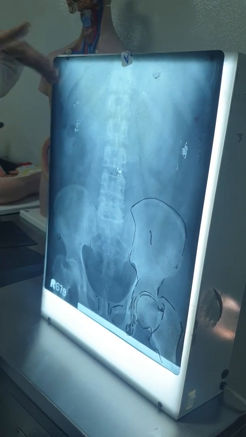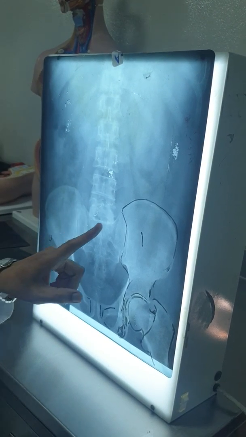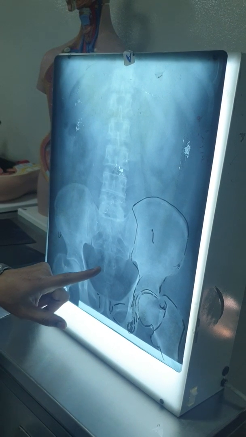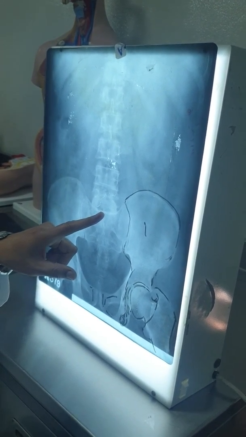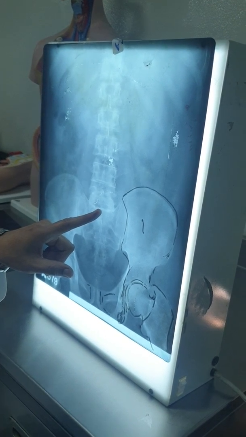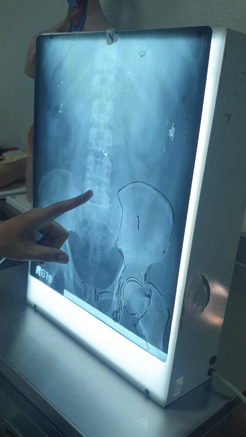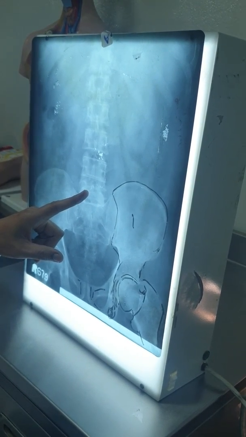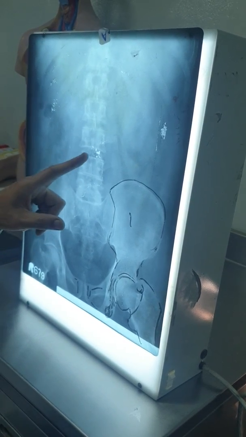Leaving aside the ribs and things above, lower 5 lumbar vertebrae, and then you can see the sacrum. Here is the promontory of the sacrum, the anterior border of the sacrum. So, sacrum, lumbar vertebrae, the spinous process, transverse process, intervertebral space.